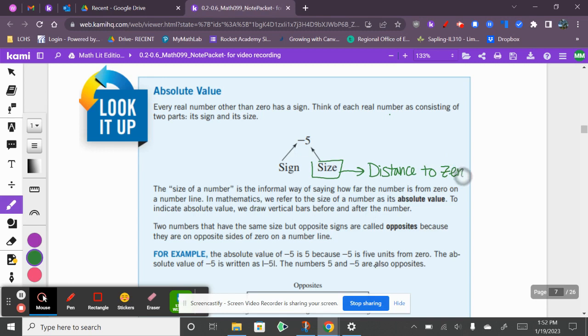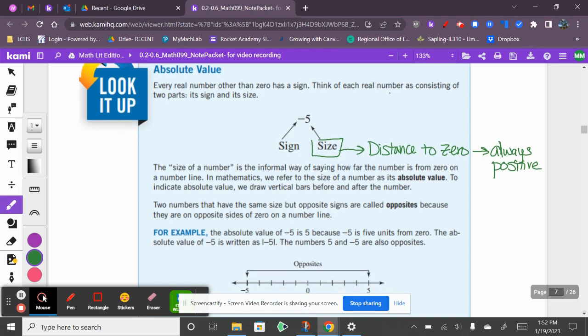That number is to zero. Therefore, it's always positive, because distance is always positive. So when we think of what the size of it is, it's always going to end up being positive. The size of a number is the informal way of saying how far the number is from zero on a number line.